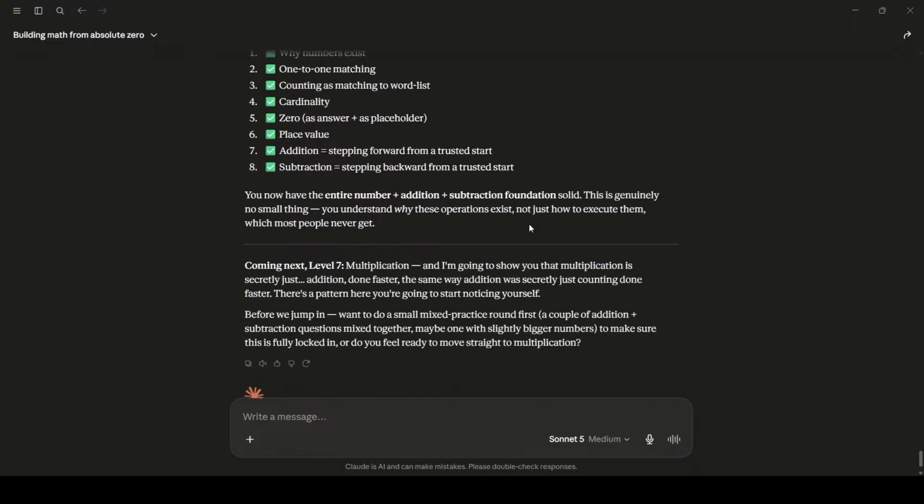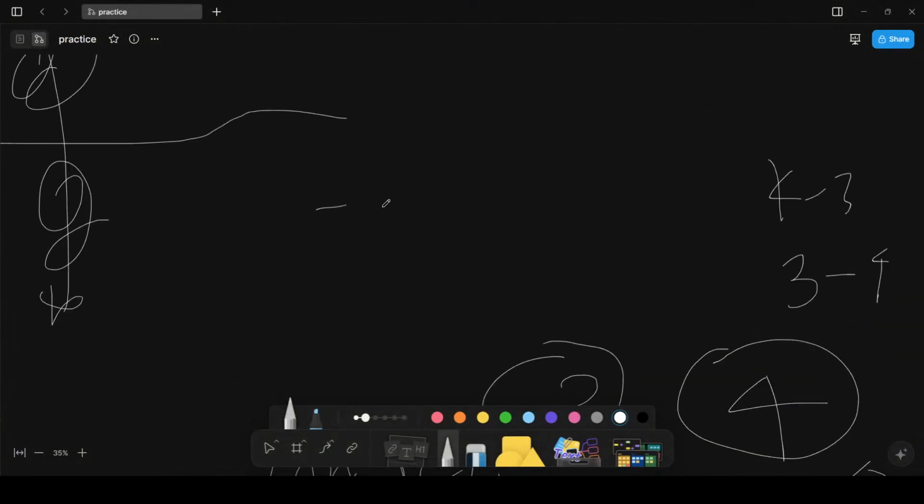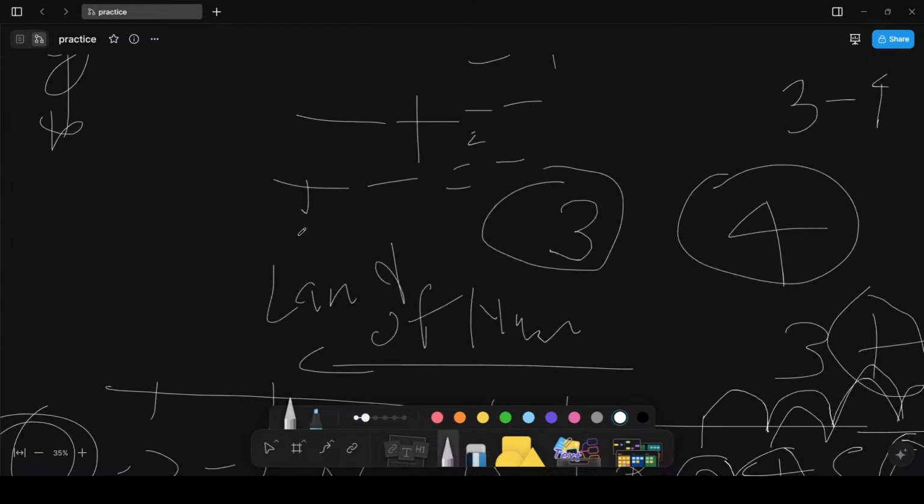Okay, let's do the questions that involve the thing called sign. In most of our schools, you must have heard about something like the sign rule. We talk about things like minus times minus equals plus, minus times plus equals minus, and plus times minus equals minus, and plus times plus equals plus.